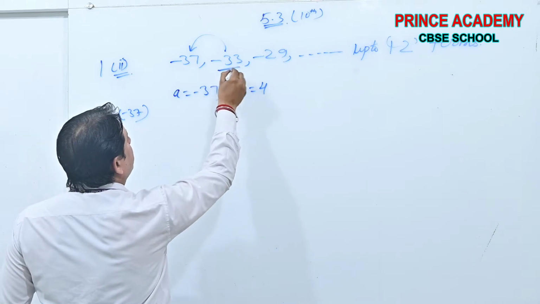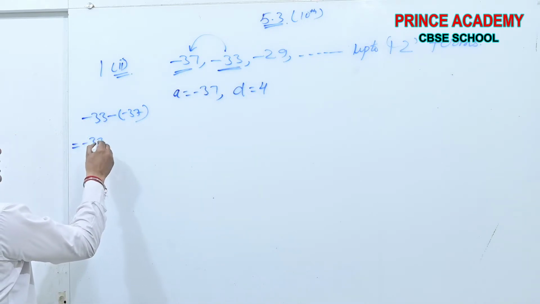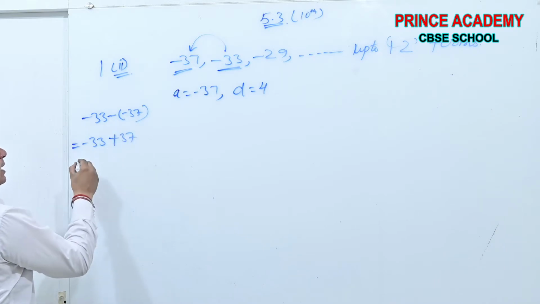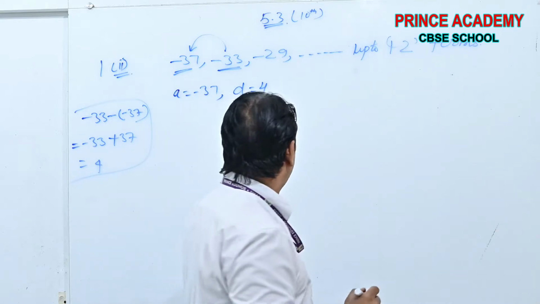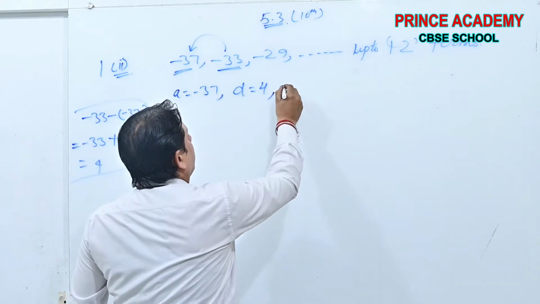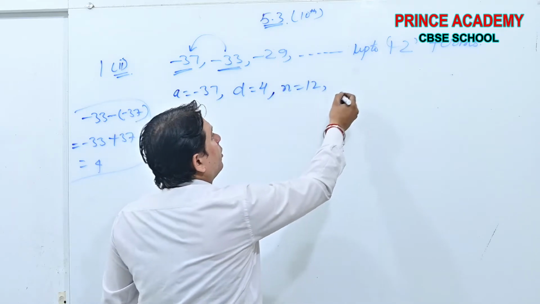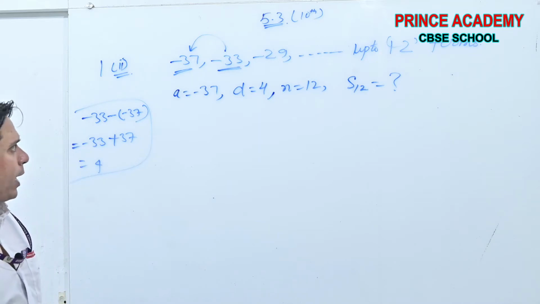The rule is this minus this. In between put the minus. It will make it minus minus plus. That is plus 4. Yes or no? Done beta? This is plus 4. A is minus 37. D is 4. N is 12. We have to find S12. We have to find S12. Okay? Now see.